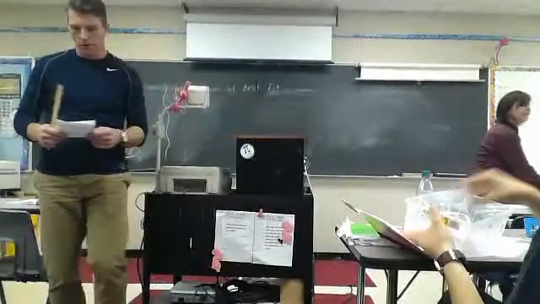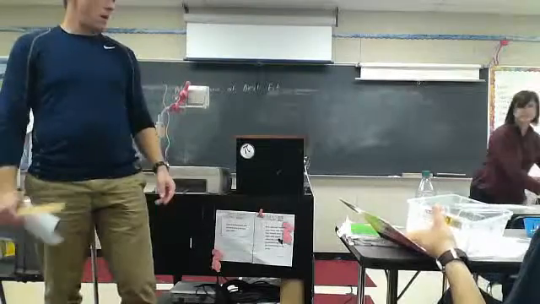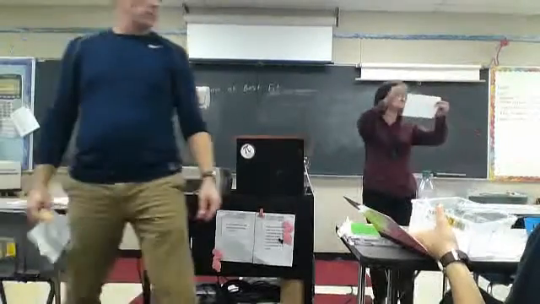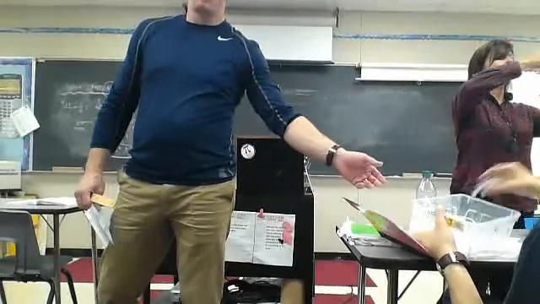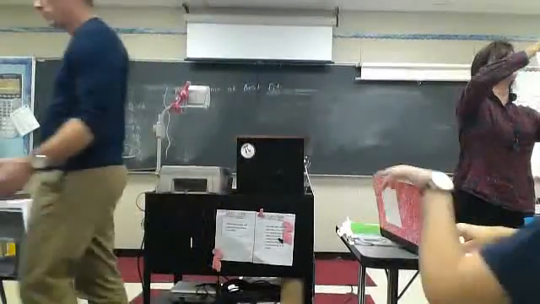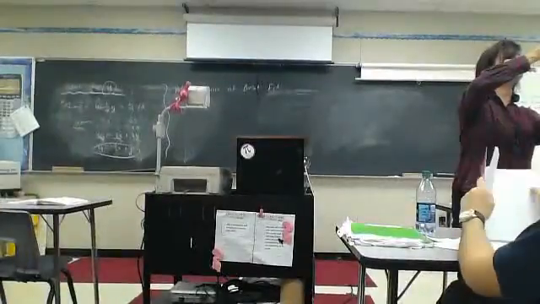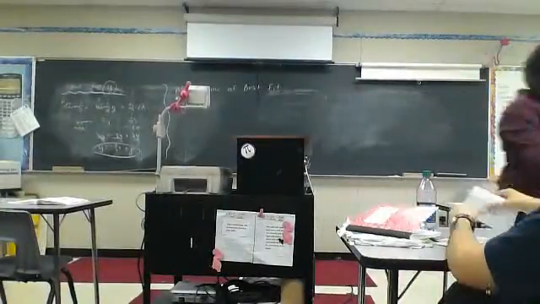Then you're going to take the next half sheet and fold it up here on this tab just so that you have something to glue down to your paper. So you're just going to fold that little margin in.